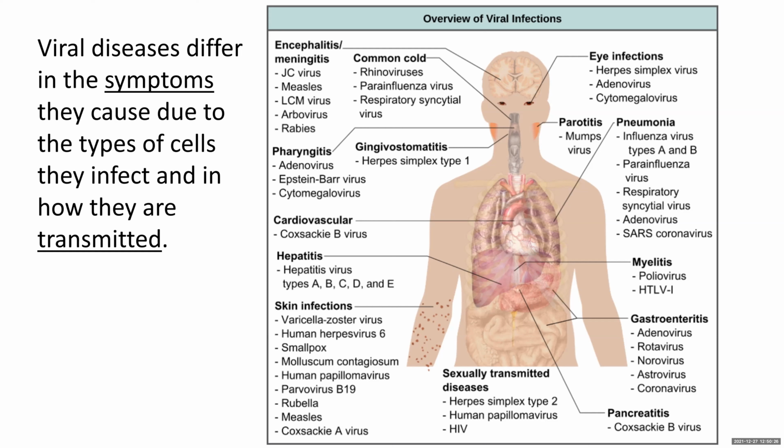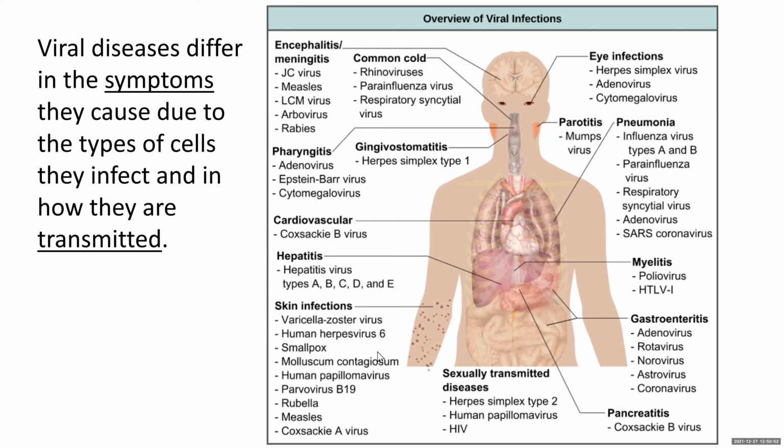It can actually be caused by a variety of different types of viruses. So what I want you to take away from this slide is what cells the virus infects in the body. For example, the common cold is going to be able to infect epithelial cells of the respiratory system, right? Viruses that cause pneumonia, infection of the lungs, are going to be able to infect the epithelial cells of the respiratory system.